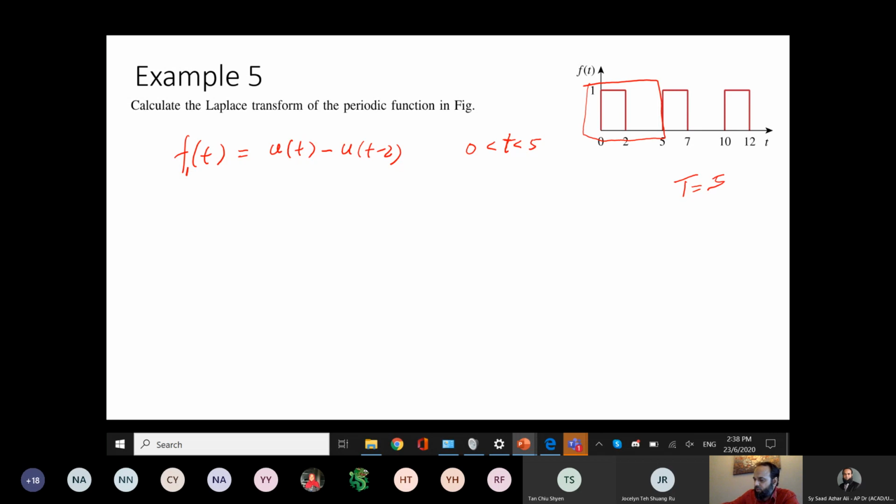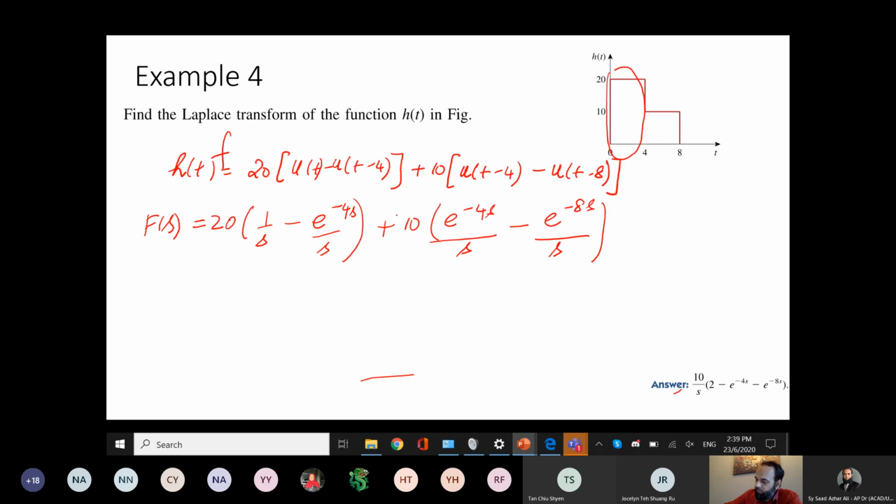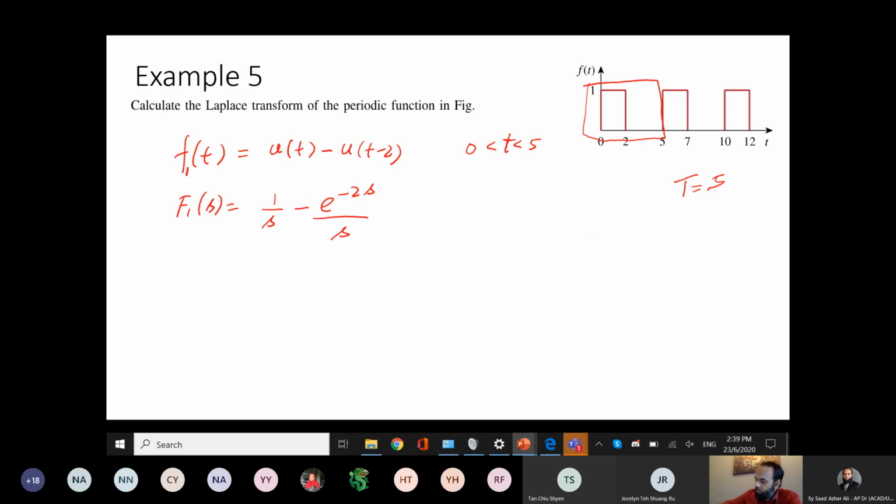So the Laplace of f1(t): F1(s) is equal to u(t) is 1 upon s, minus e to the minus 2s upon s, because this is time delayed. So it is 1 upon s times (1 minus e to the minus 2s).